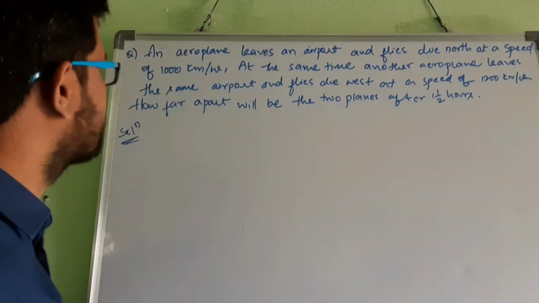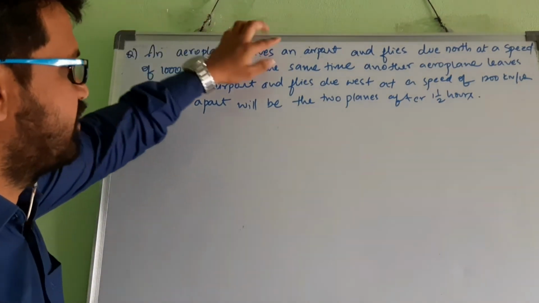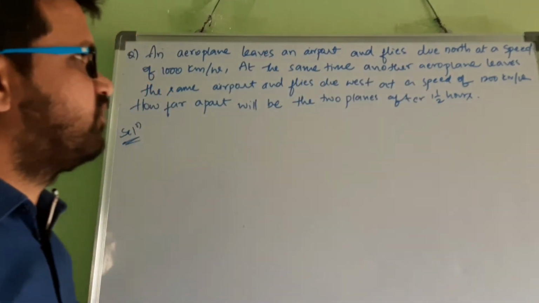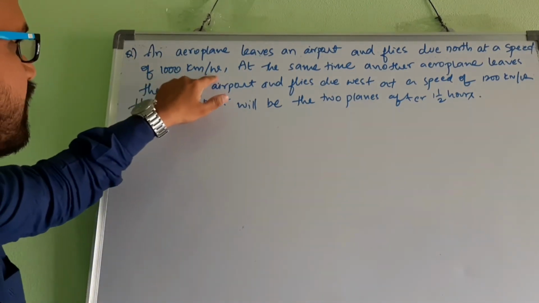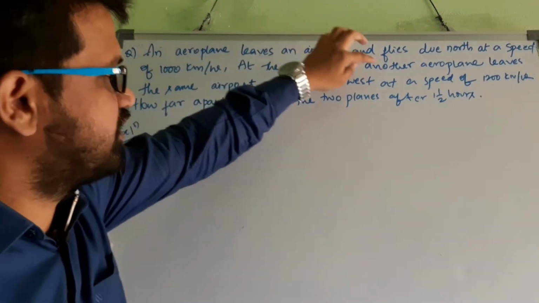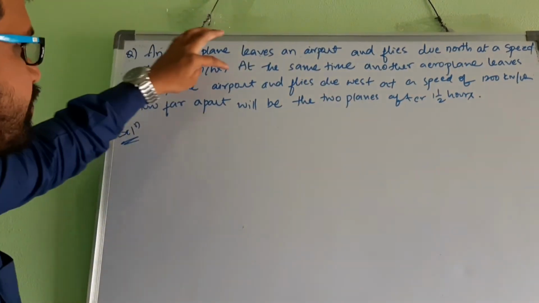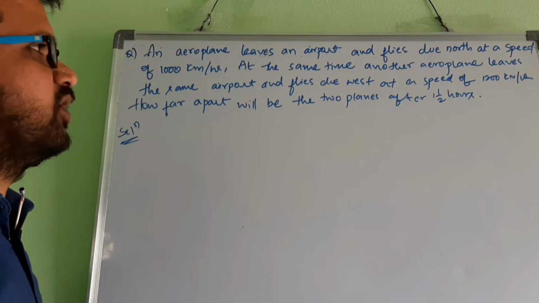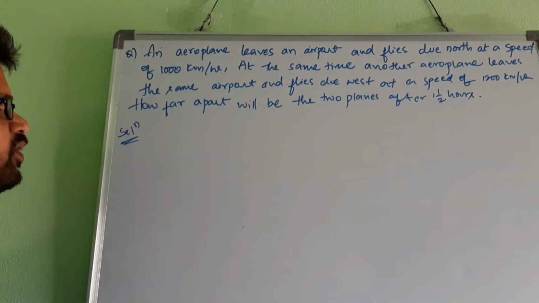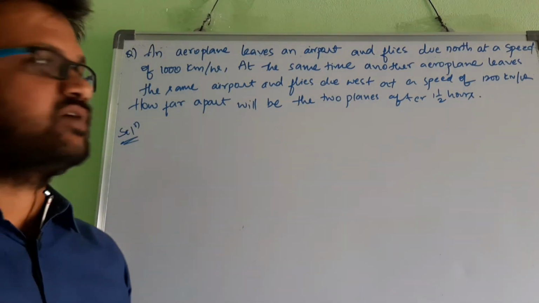Next sum. An aeroplane leaves an airport and flies due north at a speed of 1000 kilometers per hour. At the same time, another aeroplane leaves the same airport and flies due west at a speed of 1200 kilometers per hour. How far apart will the two planes be after 1.5 hours?